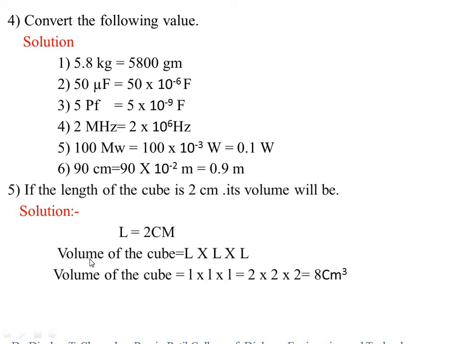Then we know that the formula for volume of the cube is L cube, that is L into L into L. So volume of the cube equal to L into L into L. The value of L is 2, so 2 into 2 into 2. So that is 8 centimeter cube, and this is the volume of the cube, 8 centimeter cube. 2 into 2 is 4, 4 into 2 is 8.